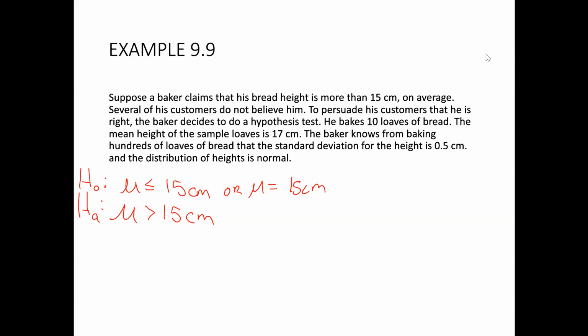Since the alternative hypothesis we state is that the mean is greater than 15, and when we baked our 10 loaves we got on average 17, the greater than makes this right-tailed.